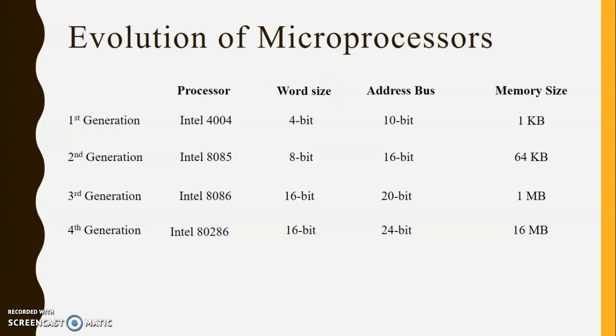We have one more example for fourth generation microprocessors, which is Intel 80386. Word size here increases to 32-bit. So we have wider data path.